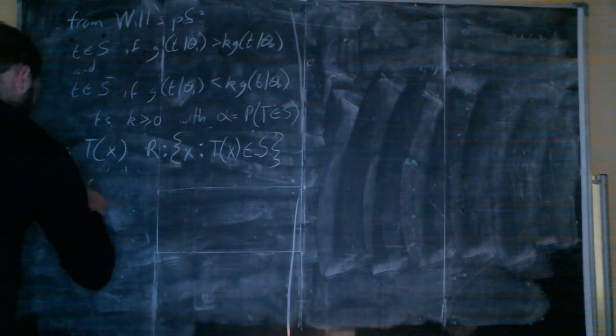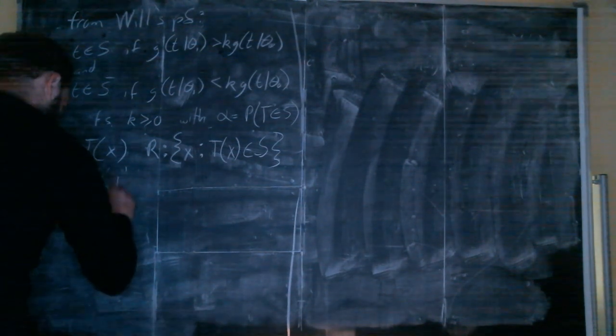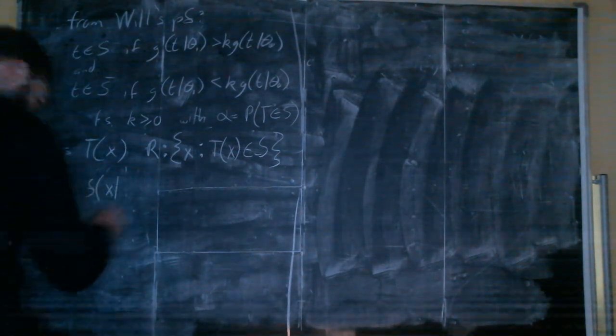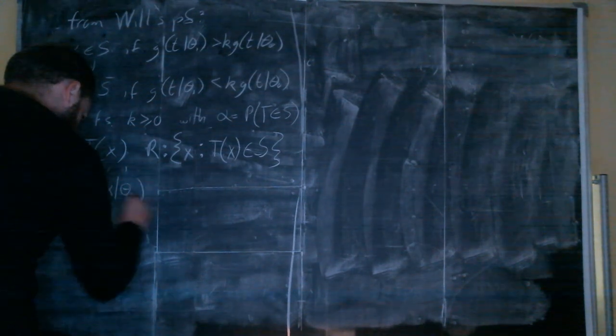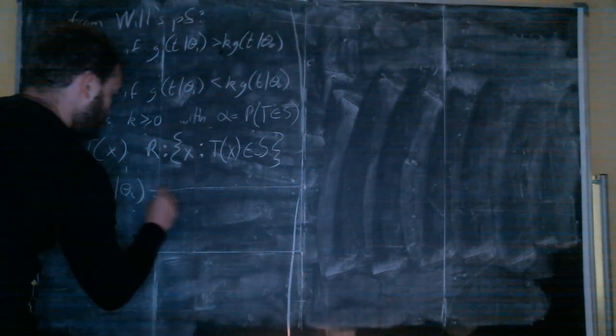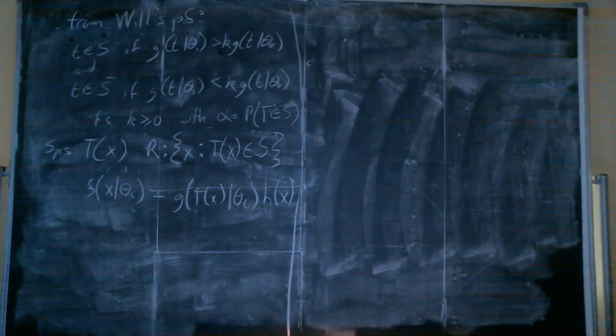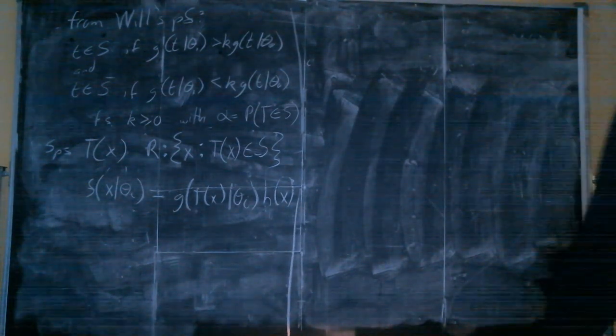Now, from the Neyman-Pearson lemma, we know that we can take this mass function from the lemma, and from the factorization theorem, we know that we can write this g of T of x given theta i times some positive function h of x.